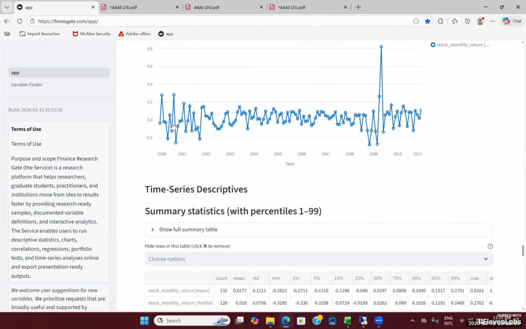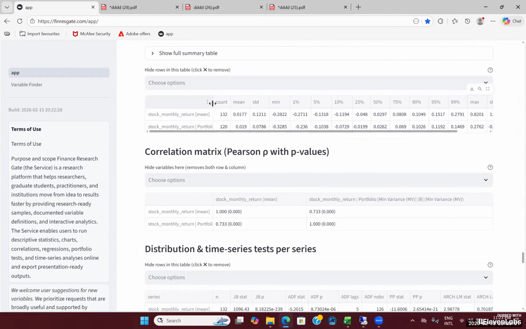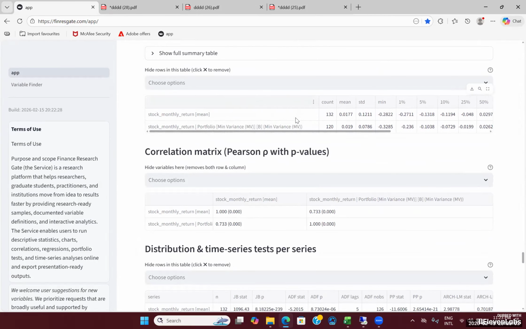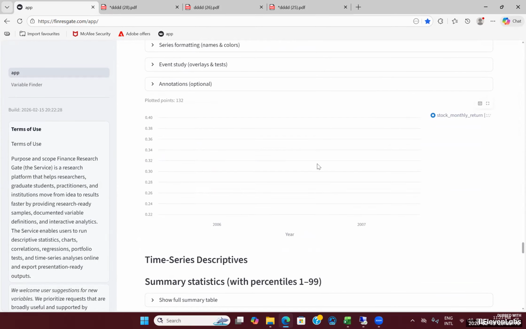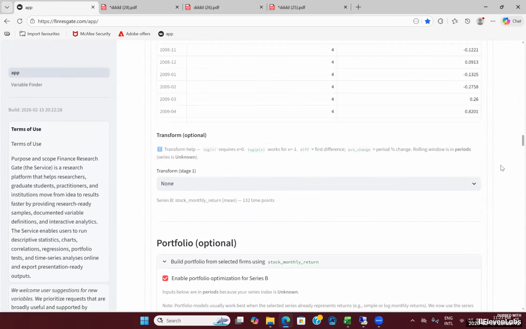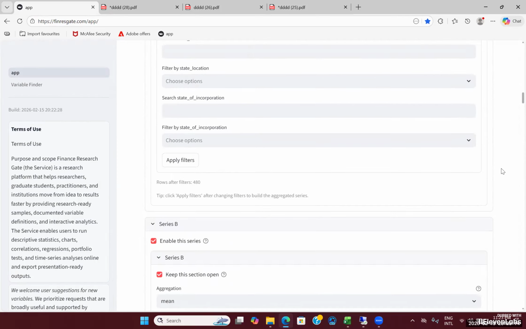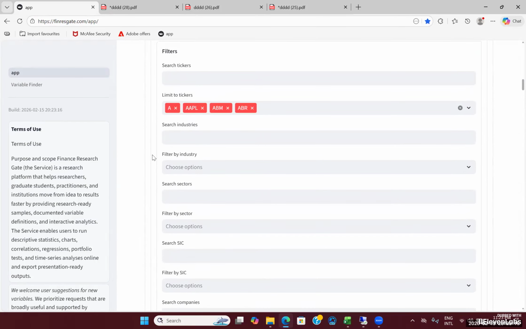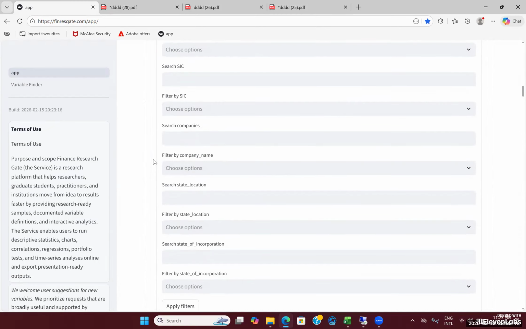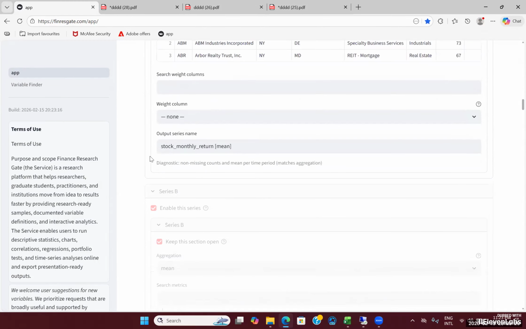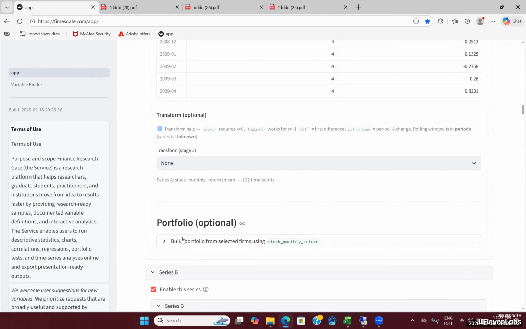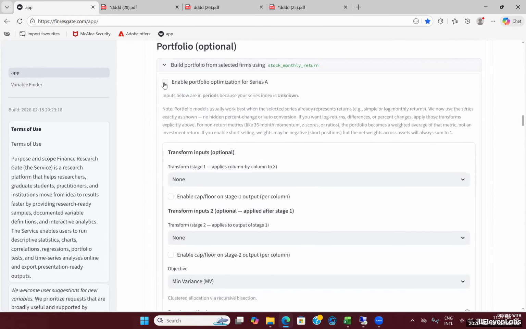If you scroll down just a little bit, then we can actually review the in-sample data. We need to consider the necessary statistics also for the minimum variance portfolio. Let's go ahead and apply those filters again. And then we're going to apply again the hierarchical risk parity.